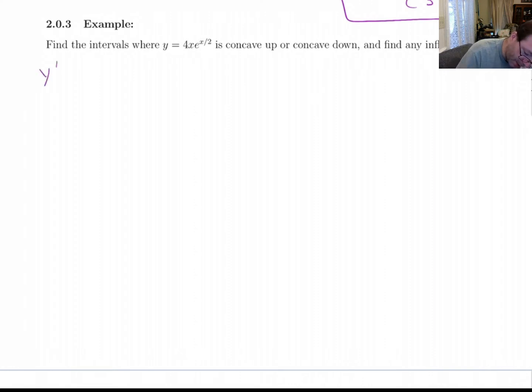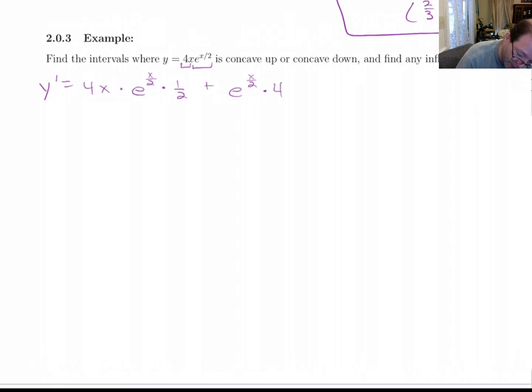All right, y prime, we've got to use the product rule here. So we get first times derivative of the second, that's going to be e to the x over 2 times a half, because of the chain rule, plus the second times derivative of the first. Derivative of 4x is just 4.